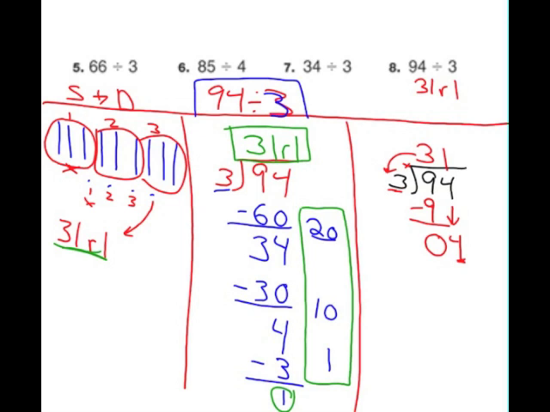So then I take 1 times 3 again, and I get 3. And then I have to subtract to find out if I have any leftovers. 4 minus 3 is 1. So I do have a leftover, and it's a remainder of 1. Okay? 3 successful methods for solving a division problem containing remainders.